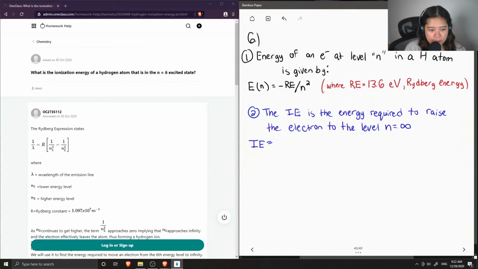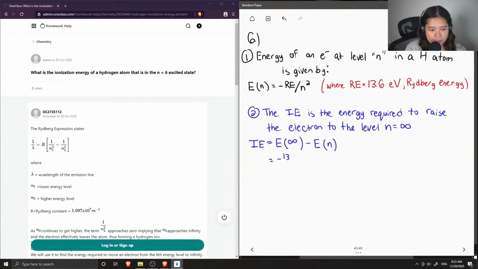This is equal to the energy of the electron at level infinity minus the energy of an electron at level n. So let's sub in our equations from the first step.